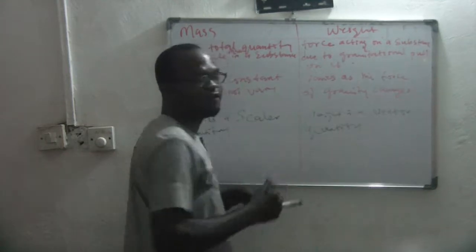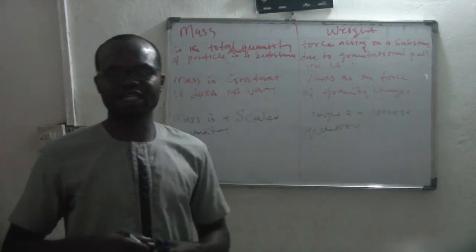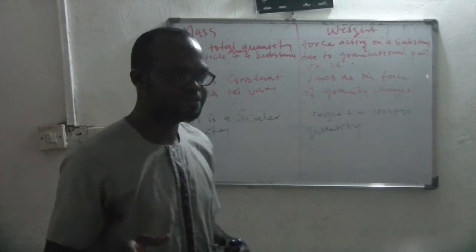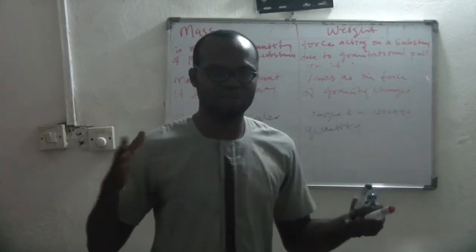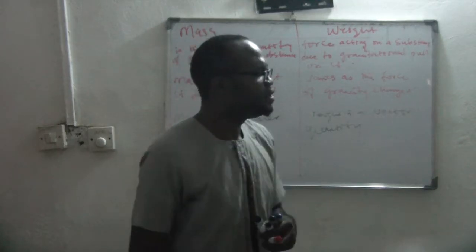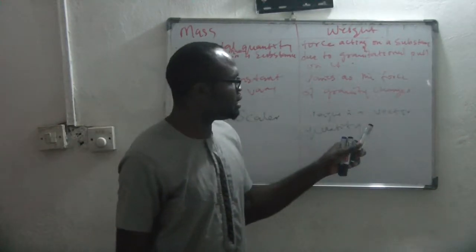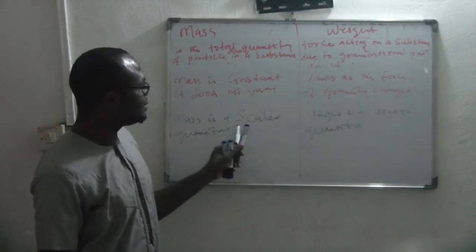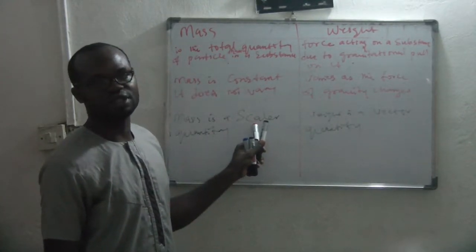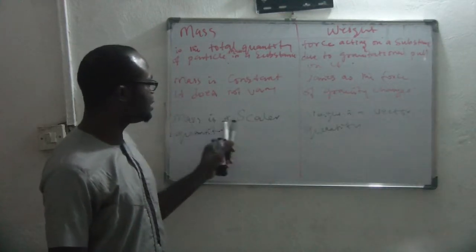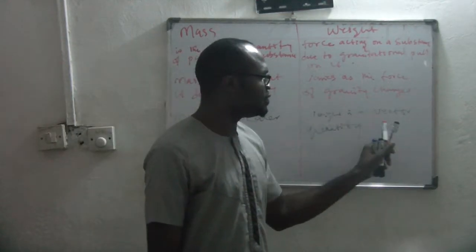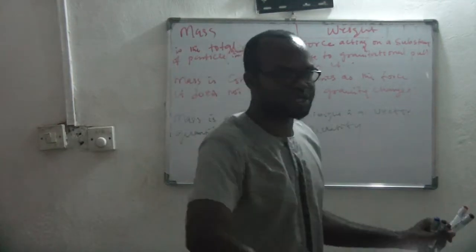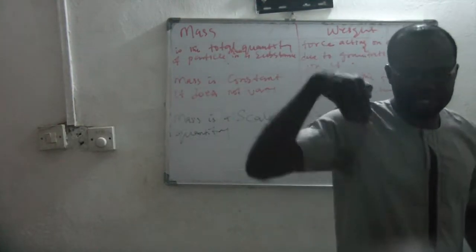A vector quantity has both magnitude and direction. So any quantity that has both magnitude and direction is known as a vector quantity, whereas the one that has magnitude but no direction is a scalar quantity. So mass is a scalar quantity and weight is a vector quantity, because weight is always drawing you towards the center of the earth. So that's the direction.